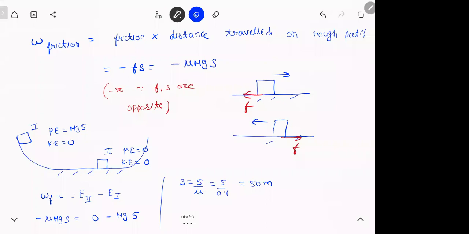Then how do we do that? Next thing. Now on this rough patch AB, let's say the block goes front and comes back.